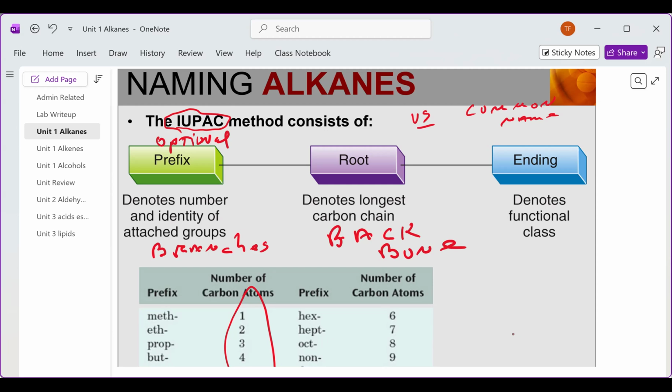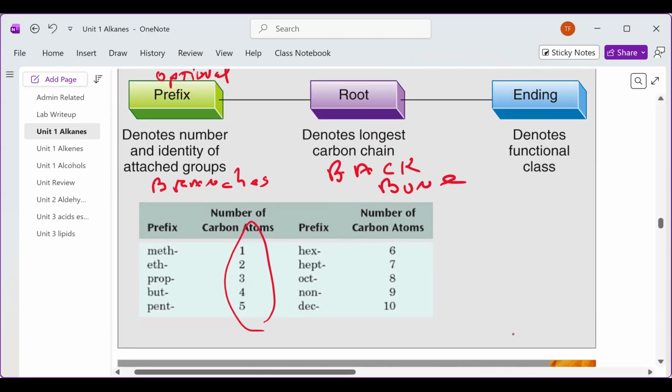Okay, so we're learning the IUPAC name here. So there's three parts to all IUPAC names. This is the functional group or the functional class. This is carbons in the longest carbon chain, which is called the backbone. And then if we have a branch, so if there's no branches, then we're not going to use a prefix. That's only if there's a branch.